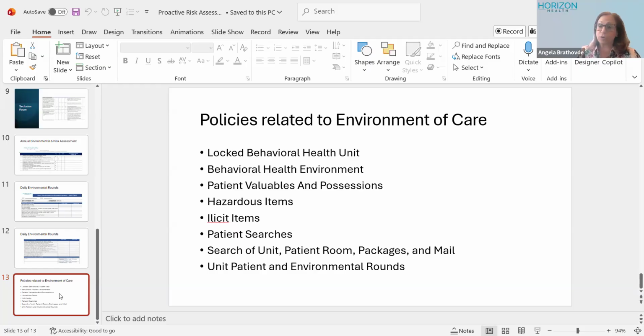So I encourage you to refer to those policies if you need to. Everything we do has a regulatory perspective and a regulatory requirement. So this is the purpose of the proactive risk assessment.